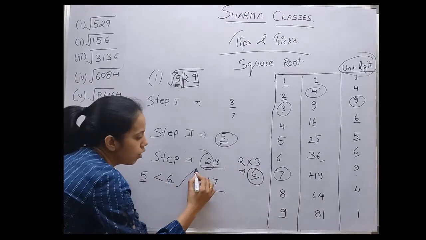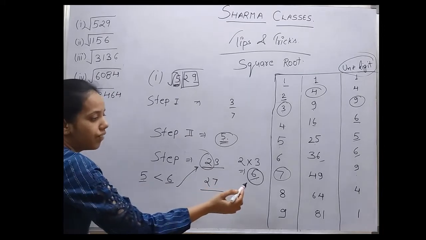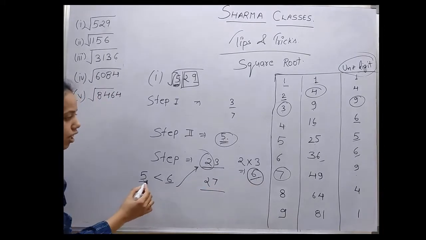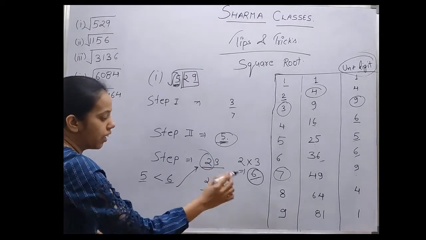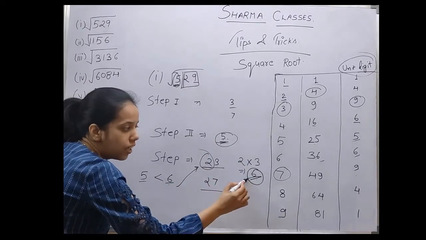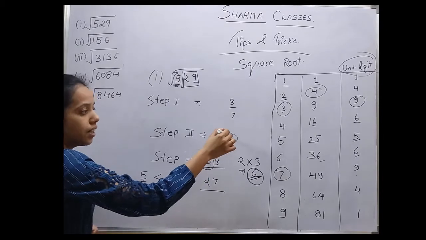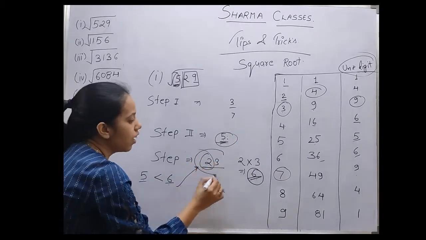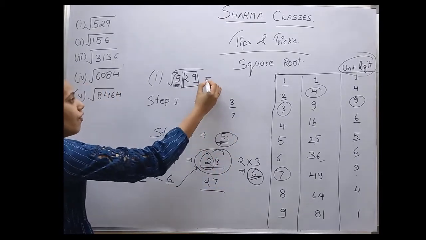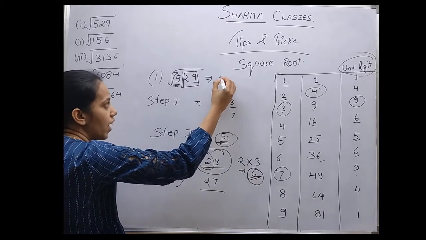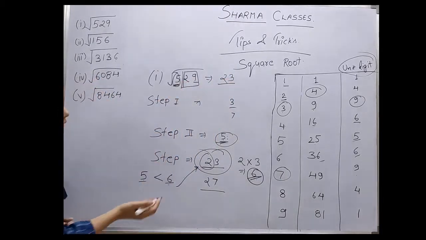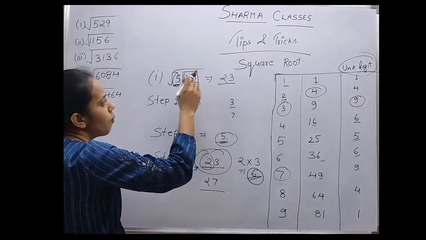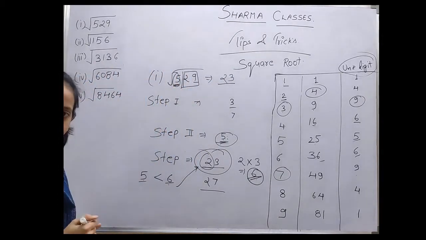So we take the smaller digit. That means if the answer is smaller than the remaining number, we take the greater digit. But if the answer is greater than the remaining number, we take the smaller digit. So 529 is the perfect square of 23, or we say 23 is the perfect square root of 529.